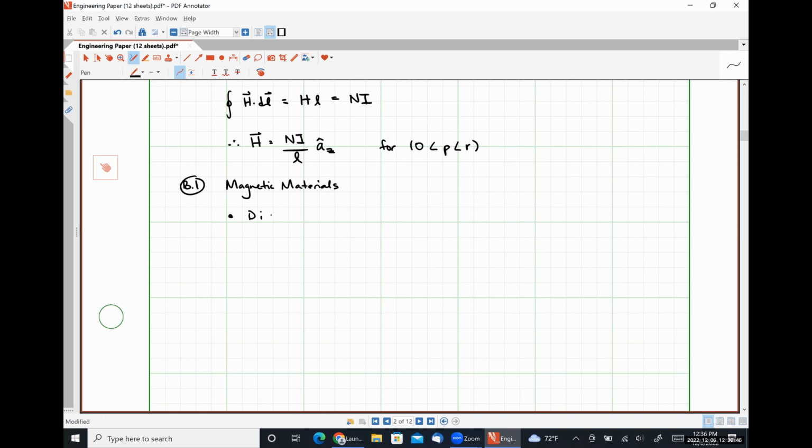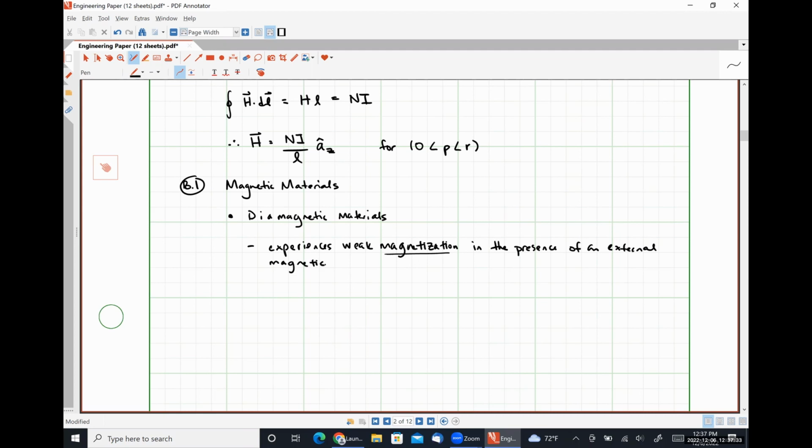We have diamagnetic materials. A diamagnetic material experiences weak magnetization, and we're going to talk about that term magnetization here in a couple of minutes, in the presence of an external magnetic field.